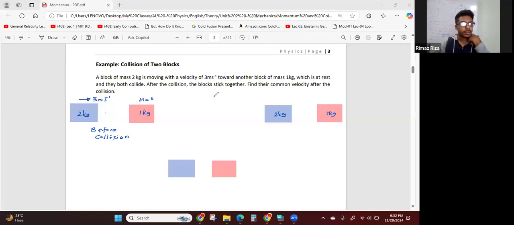It says after the collision, the blocks stick together, so after the collision they stick and move with a common velocity, let's say v. So this is after the collision.